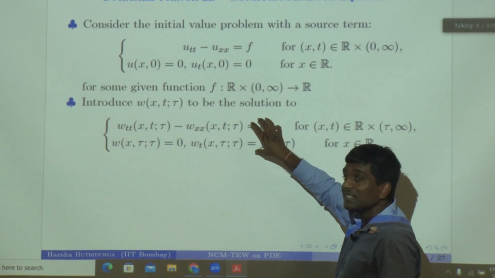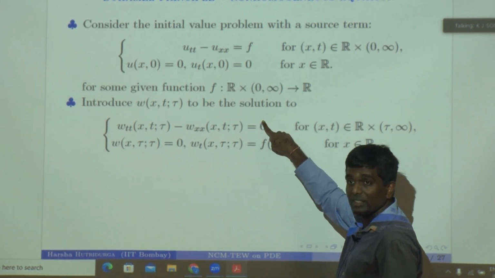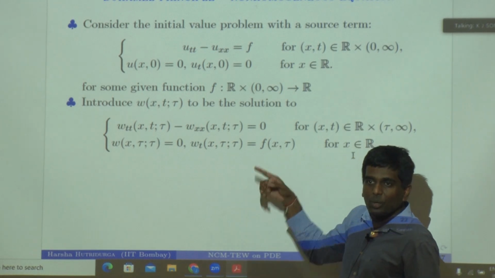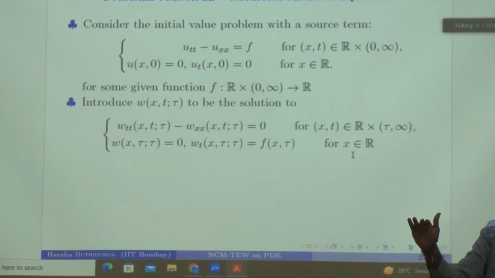And we know how to solve this, right? Because there is no source term here, there is only initial data. The only difference is that you are starting at tau. Tau is your starting point, but our methodology doesn't care what the starting point is. As long as on the x-axis you are given the data, for example, you can use D'Alembert's formula to write down the solutions beyond tau, right?